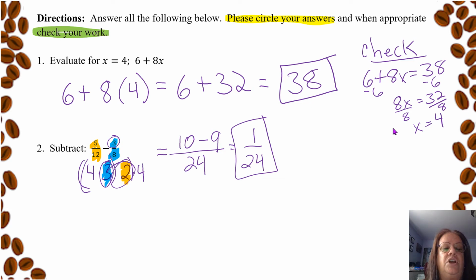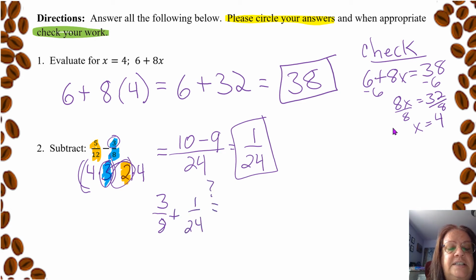All right, so to check this, what we have to do is take the 3/8 and add the 1 over 24. The question is, is that equal to our 5 over 12? Well, to get 8 to be a 24, I need 3, so I multiply this by 3 over 3.